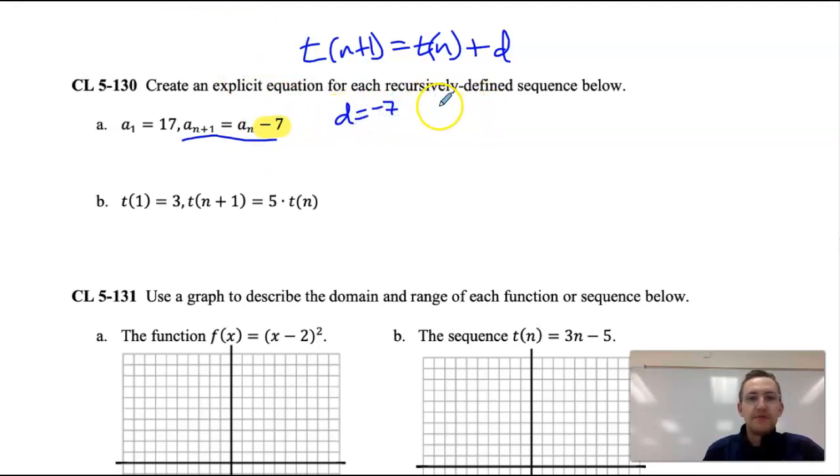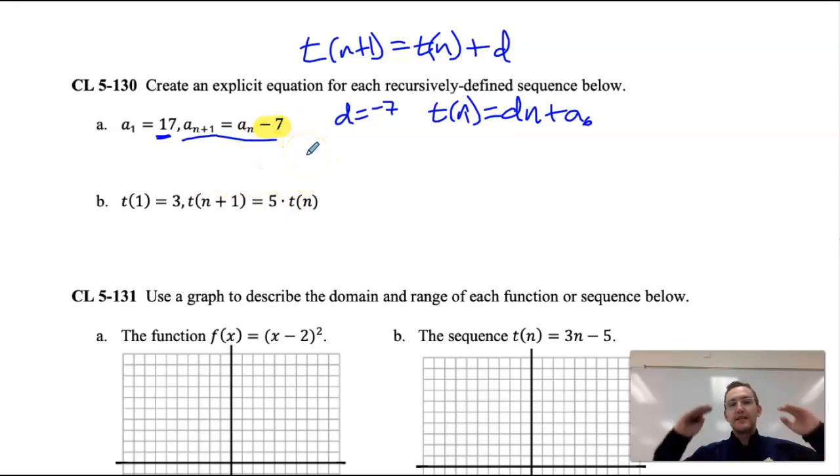And if we think about the explicit equation for an arithmetic sequence, that's t of n equals d times n plus a sub 0. So we've got n taken care of. Now we just have to find our a sub 0. We know a sub 1, or the first term in the sequence, is 17. If our difference is negative 7, if we think about it how we did in our table, that top row is 17.